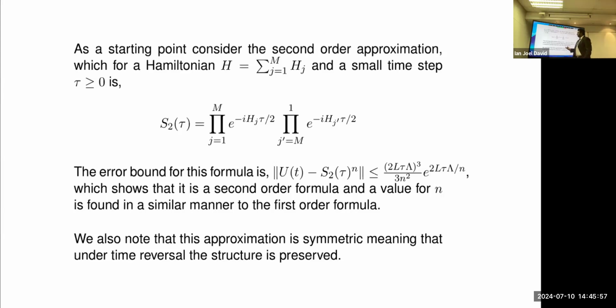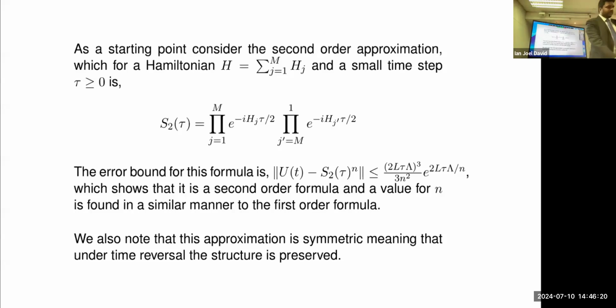And all this is just the same first order approximation formula being multiplied by another first order approximation formula that's reversed. Whereas here we went with j going from 1 to m with this product, once we get to the second product, we start from m and go all the way back down to 1.